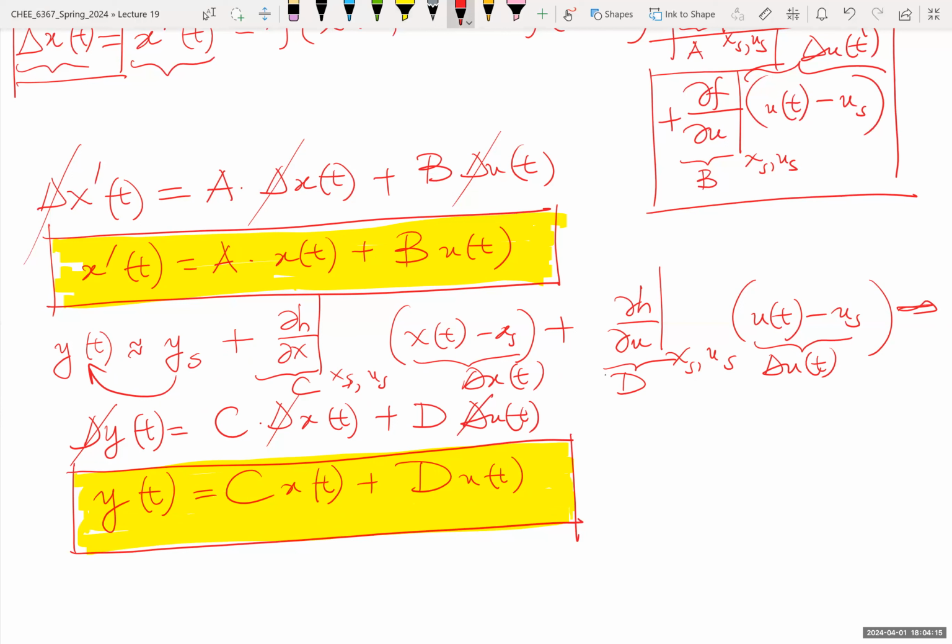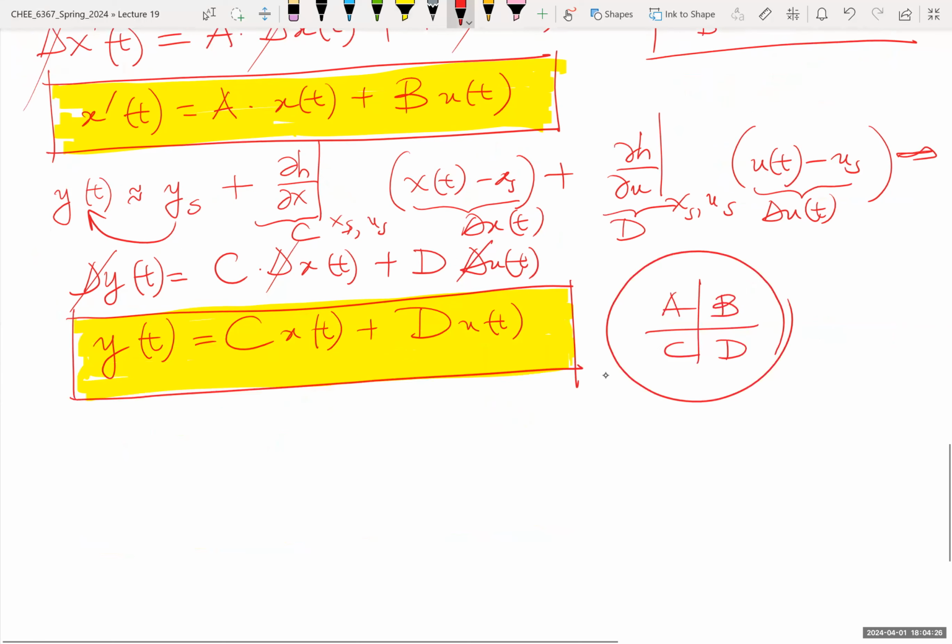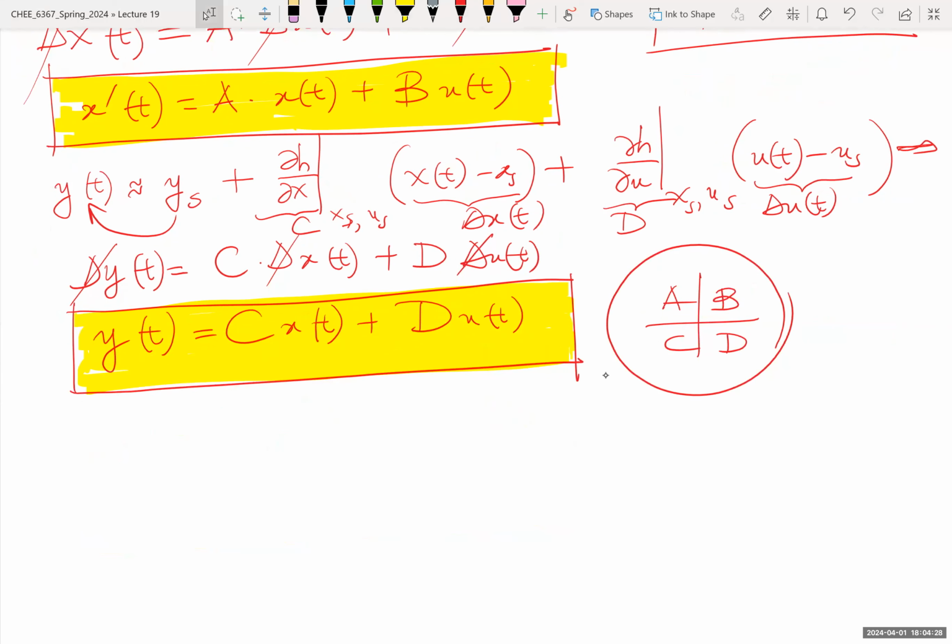Sometimes people don't write these equations, they just put the A, B, C, D. That's a semi-standard notation to indicate that you basically know the matrices A, B, C, D. And the reason why people don't bother to write all the equations explicitly is because you can go back and forth from the time domain to the Laplace domain and back.